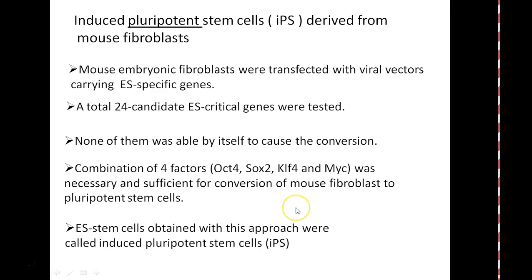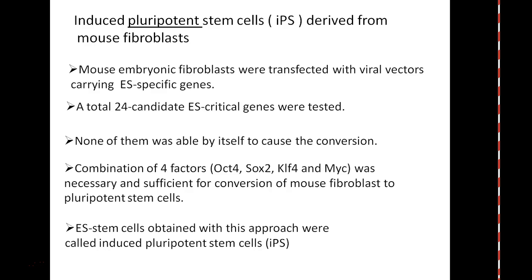And those adult cells were able to convert to stem cells, and the stem cells generated in this approach were very similar to the embryonic stem cells in very many aspects.